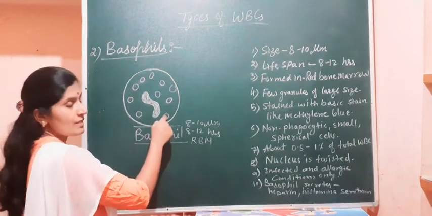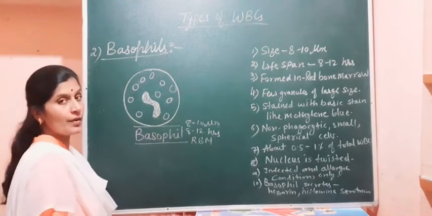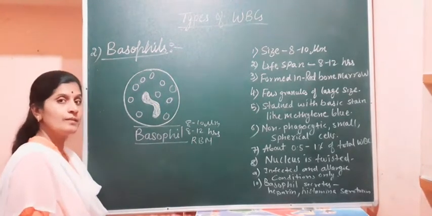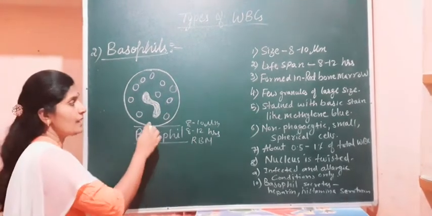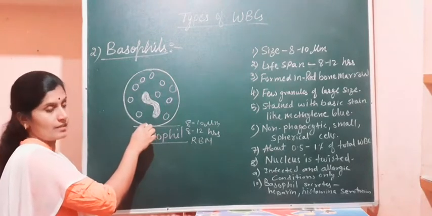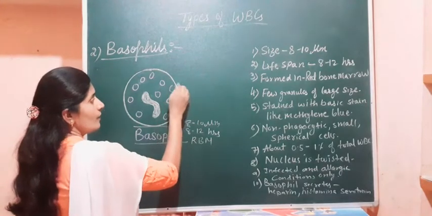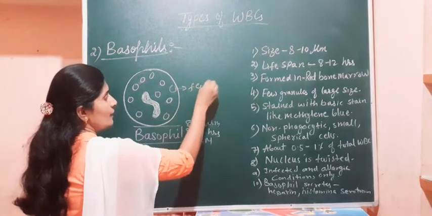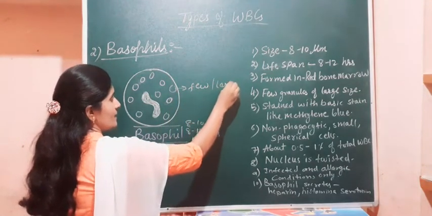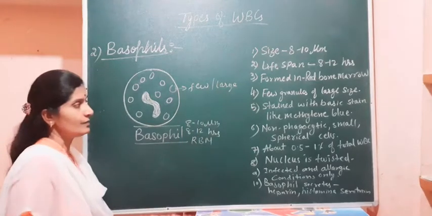In the neutrophils they were fine but many. Here fewer are there, large sized, coarse granules. So the granules are few but large sized.